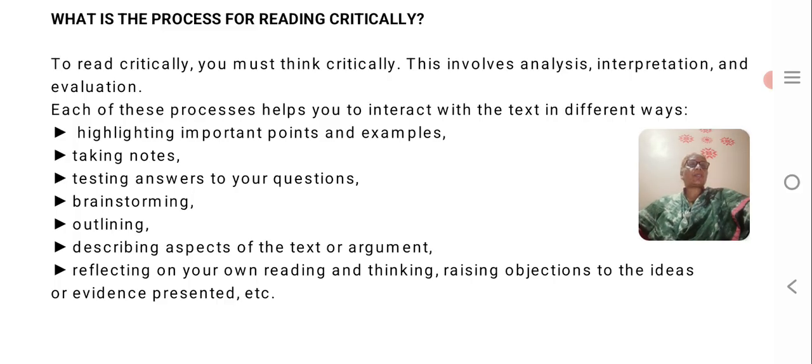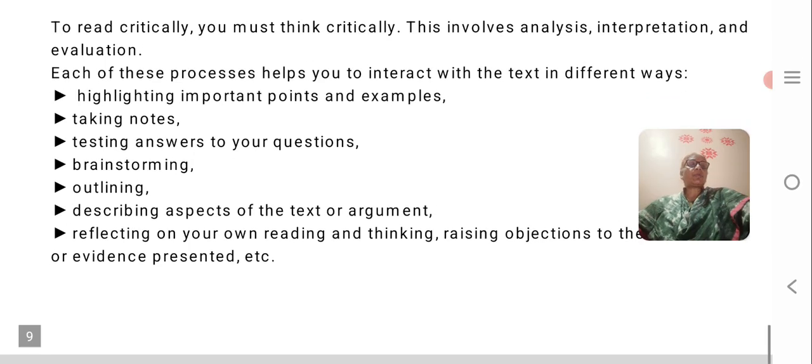The process of critical reading involves highlighting important points and examples, taking notes, testing answers to your questions, brainstorming, outlining the text, describing aspects of the text or argument, reflecting on your own reading and thinking, raising objections to the ideas or evidence presented, etc. These processes help you to read the text and understand it critically.